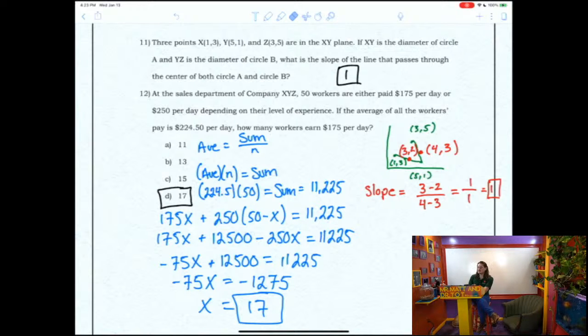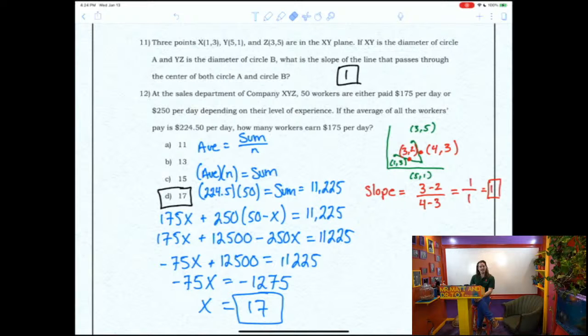I can combine the positive 175x with the negative 250x, giving me a negative 75x. And then I can also subtract 12,500 on both sides. So that leaves me with negative 75x is equal to negative 1,275. And finally, dividing on both sides by negative 75, I'm going to find that x is equal to 17.